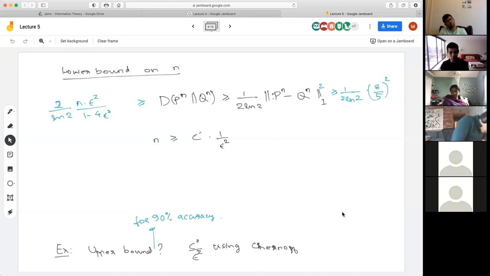So the upper bound is for achieving 90% accuracy. And your accuracy can get arbitrarily close to 1 as you get more and more samples. But this much suffices if we are just setting the bar at 90%. Does that clarify the question? Yeah, I think so. Thanks. Other questions?